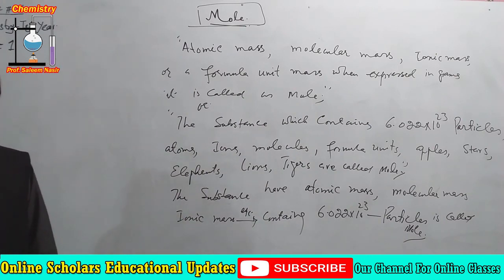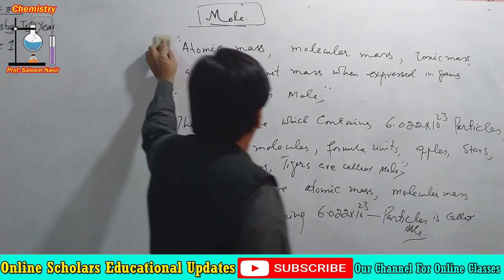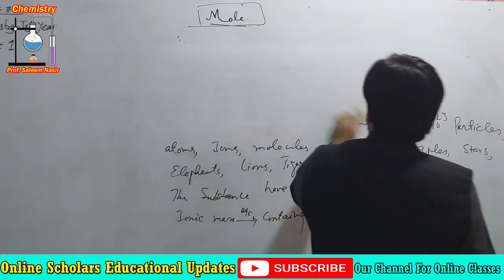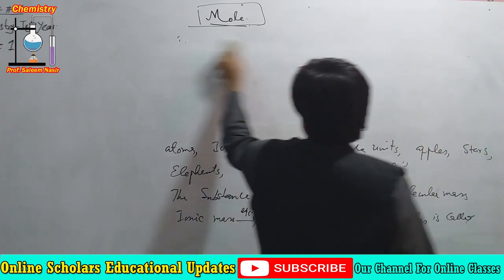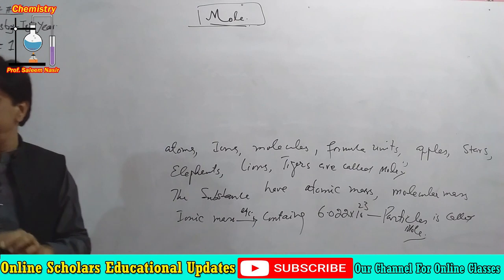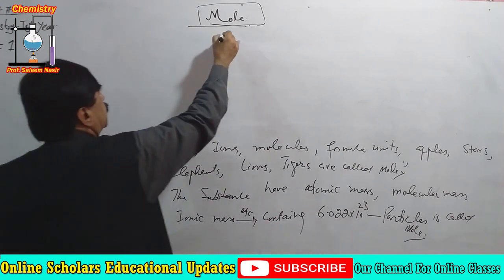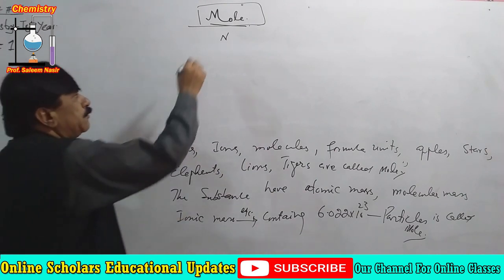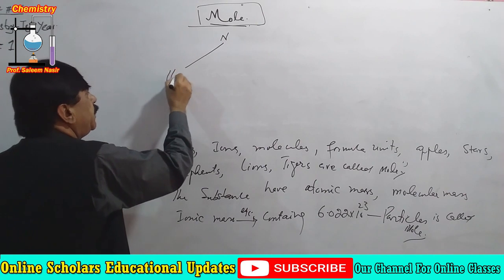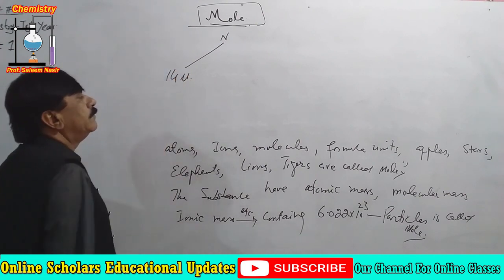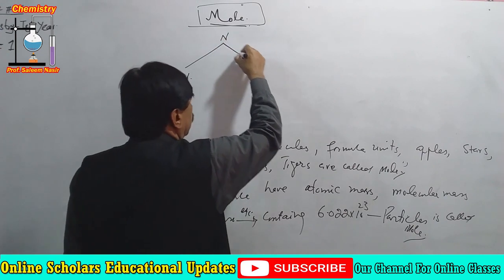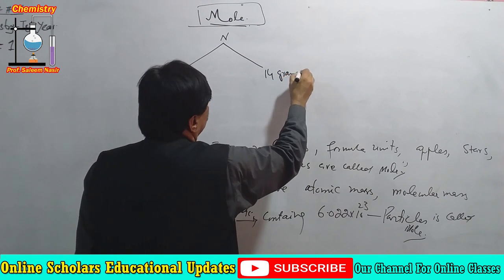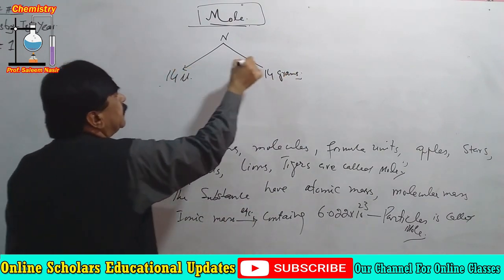Now, students, we can express it in another way. We take the example of some substances. Let's first consider the example of nitrogen. Nitrogen is an atom. If we write it as 14 amu, and another way we take it as 14 grams, then what does it mean?